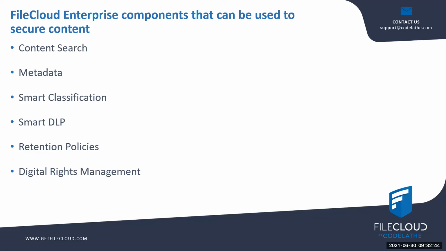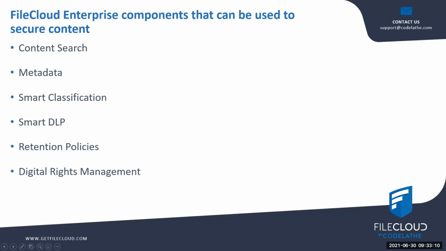You have metadata, where you could create custom metadata sets to store properties or information that's captured from the contents of the documents. You have the smart classification component, which allows you to classify the documents and identify which patterns need to be identified. That's also based off regex patterns.